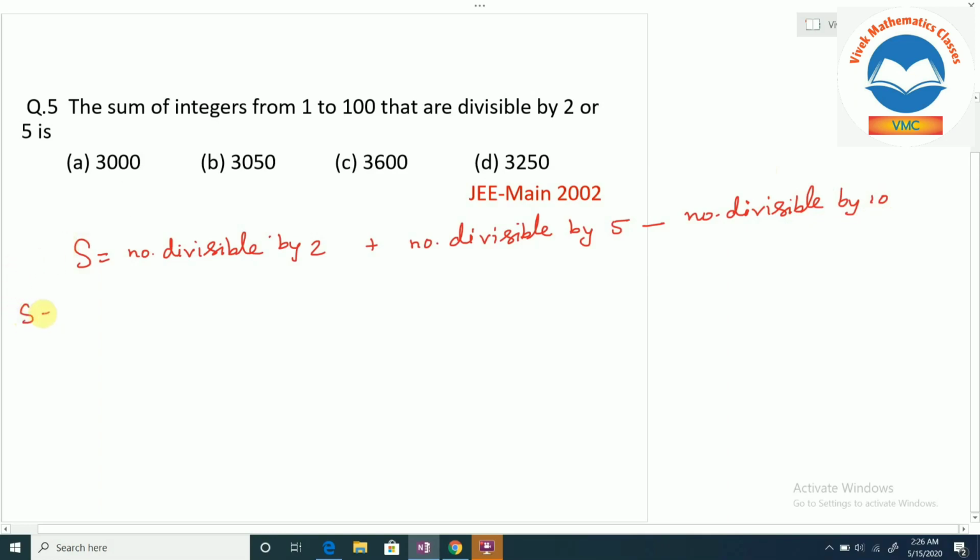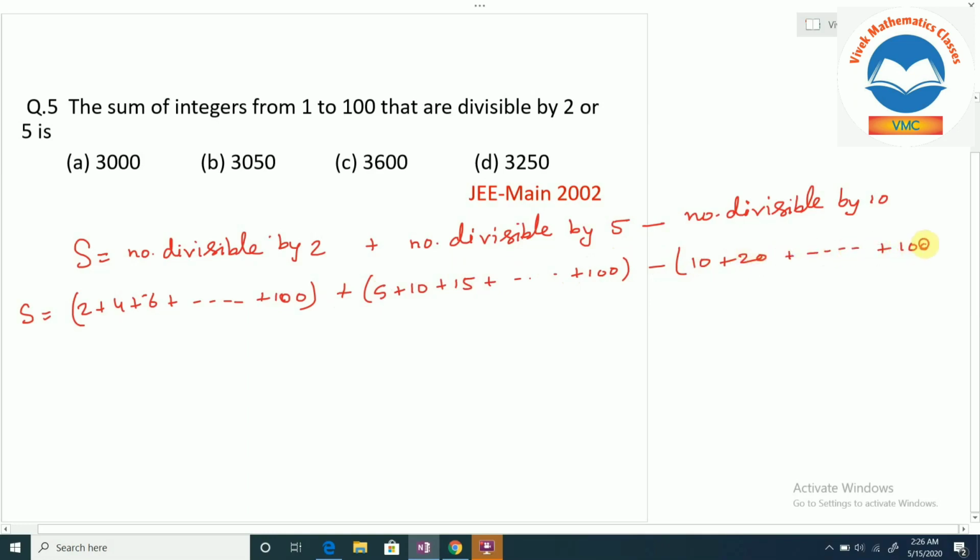So what will be our S value? Numbers divisible by 2 will be 2 plus 4 plus 6 up to 100, plus numbers divisible by 5, which will be 5 plus 10 plus 15 up to the last number 100, minus the numbers which are multiples of 10, that is 10 plus 20 up to 100.